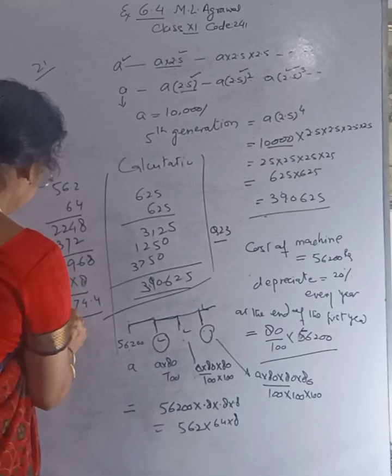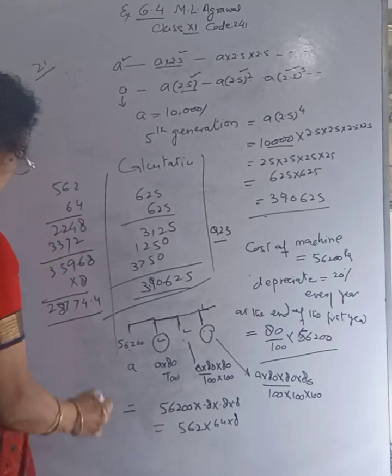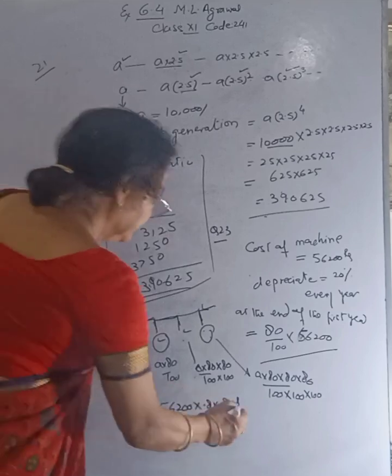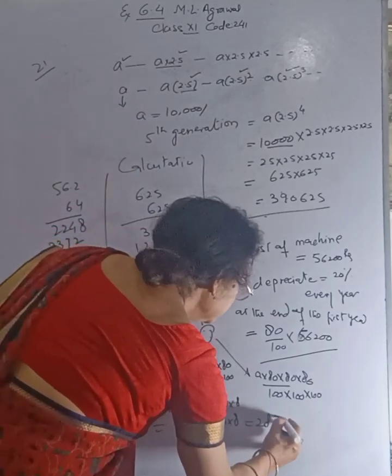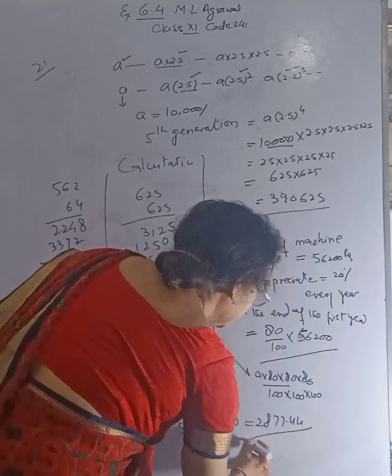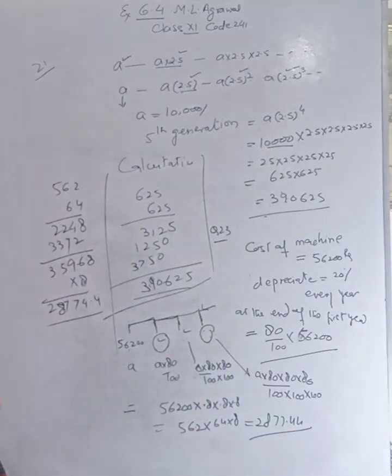This will be 28. Okay. Answer will be 28,774.4. This will be the value of the machine at the end of the third year.